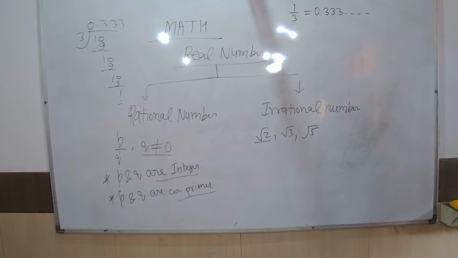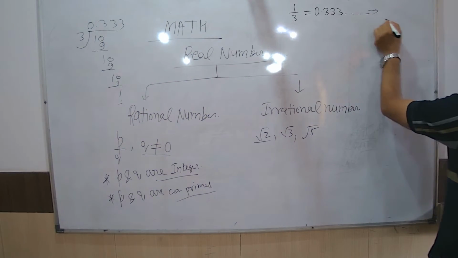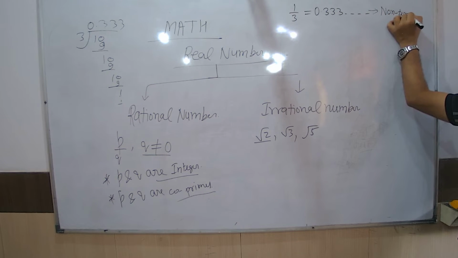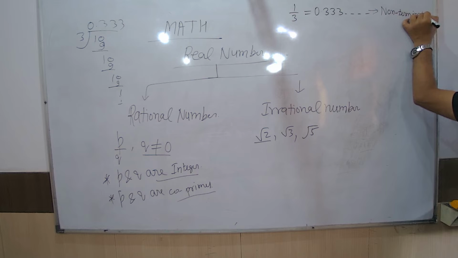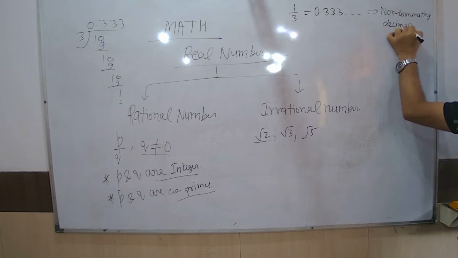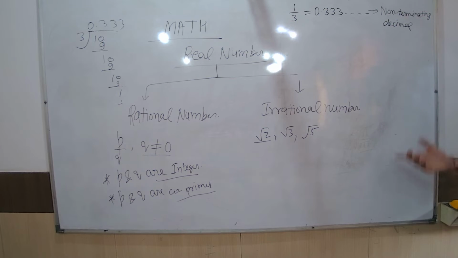Okay, so we can say that this is non-terminating decimal. Can I say? It's not terminating.